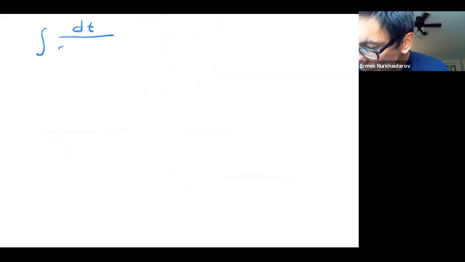One more example where we'll have to do substitutions. Integral dt over sine inverse t times the square root of 1 minus t squared.